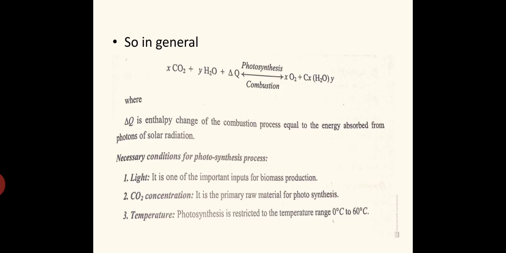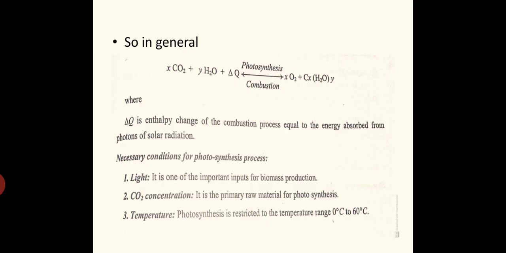On the reverse process, during combustion, on breaking of CxH2Oy, this much delta Q is expelled from the product. For the combination we provided this much energy, so on breaking we get that energy back. That is what happens in the combustion process.